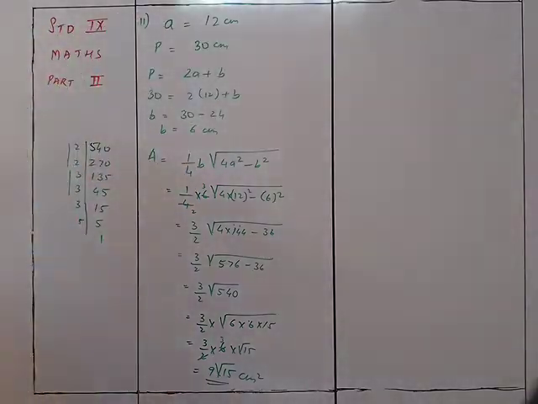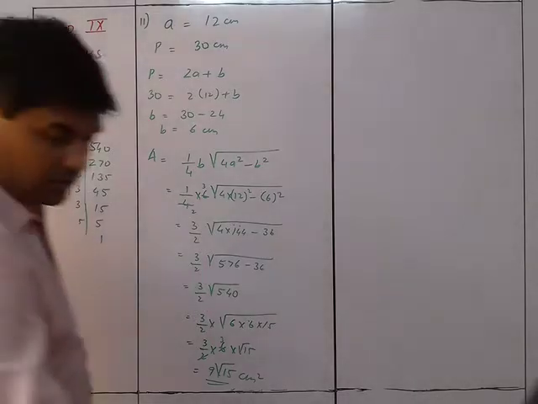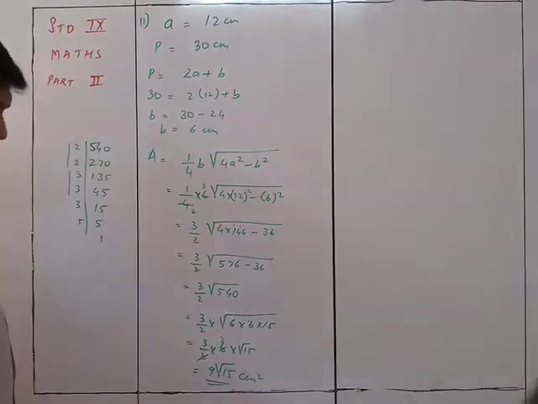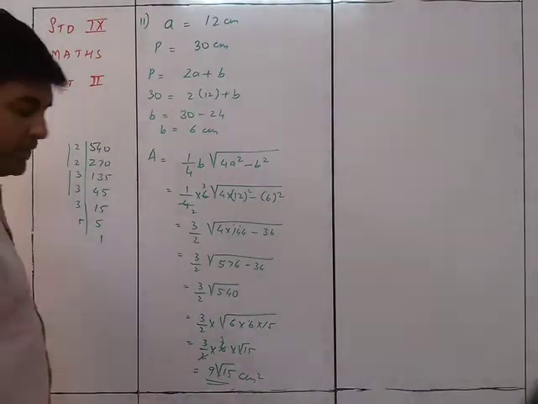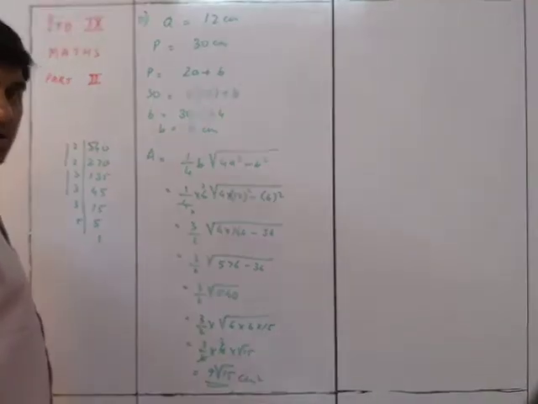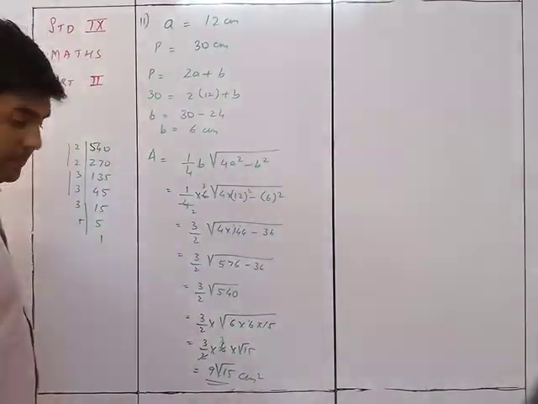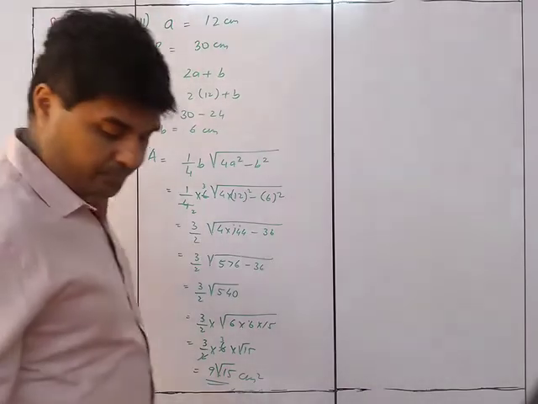Root 15 is 4 point something. 9 times 4 is 36. So yes, it is 34.86. If the value of root 15 is given to you, then you can find out the answer. But right now you are not going to find it out. You are going to keep it as it is. So that is the answer for sum number 11.